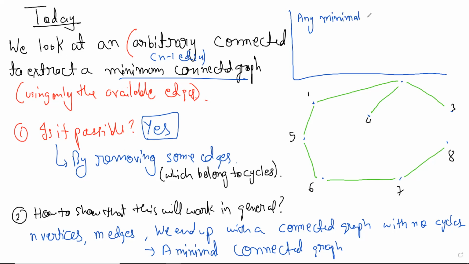Any minimal connected graph has n minus 1 edges, or any maximal graph with no cycles has n minus 1 edges. It's also maximal with no cycles: if you add another edge, you will end up with a cycle. So those are the same things, and all of them have n minus 1 edges.